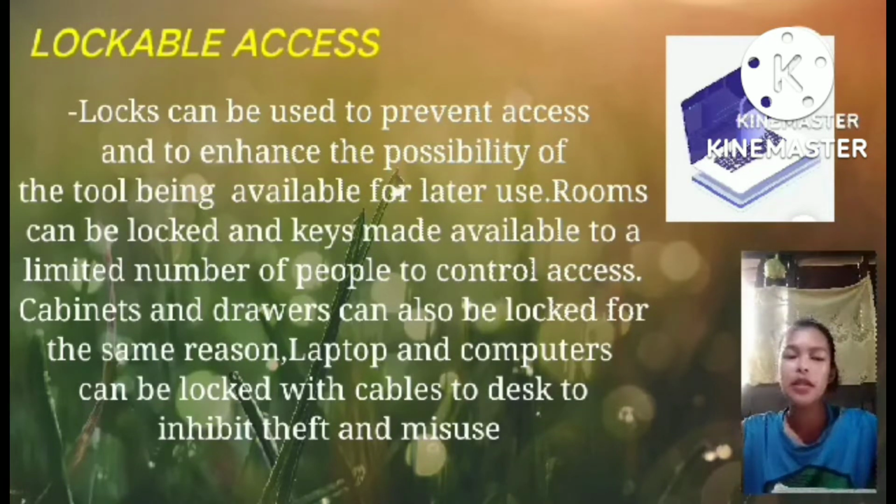And we also need to use a lock so that the computer or any other gadget will not be misused or used by others.